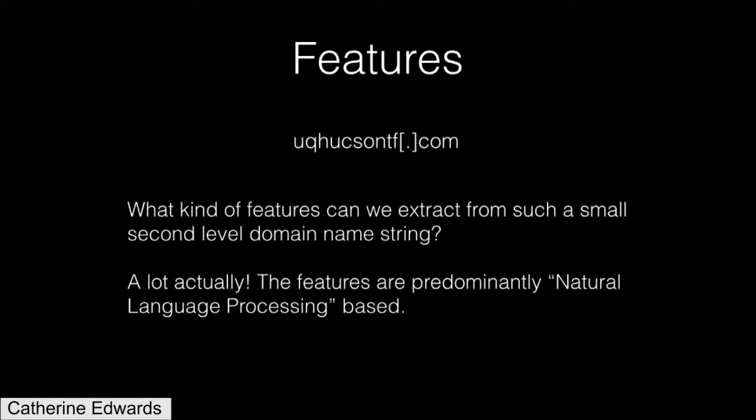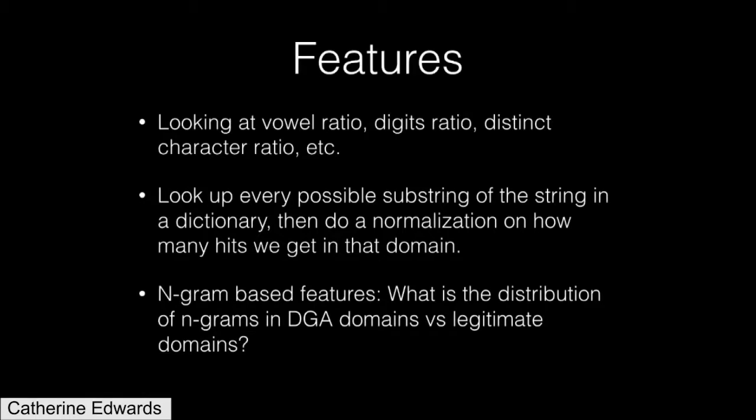Now talking about what features we use. All we have to look at is this small string, which is the second level domain name. So what kind of features could we possibly extract from maybe a 10-character string? And surprisingly, you can actually extract a lot of features from this. We look at things like the vowel ratio, the digits ratio, the distinct character ratio.